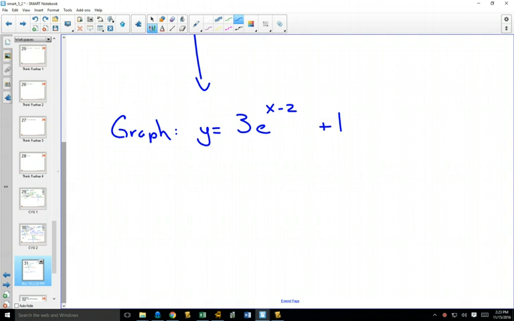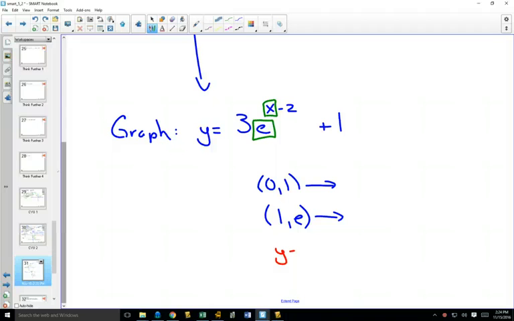You would have to recognize the parent graph has a base of e, an exponent of x, and we already graphed that above. So what do we do? We take the 2 points, 0, 1 and 1, e, and our asymptote, and do all the transformations that we had.